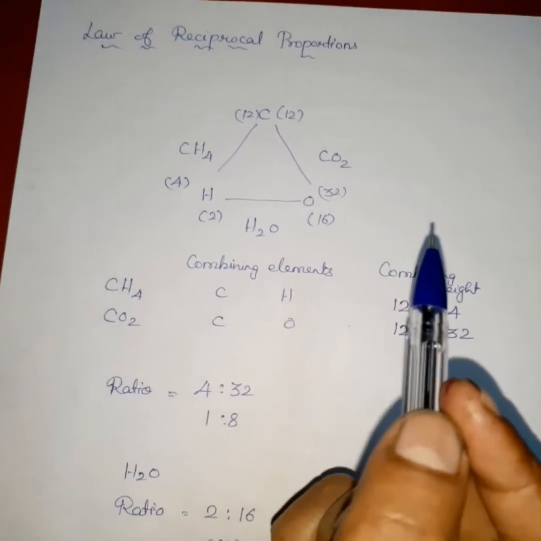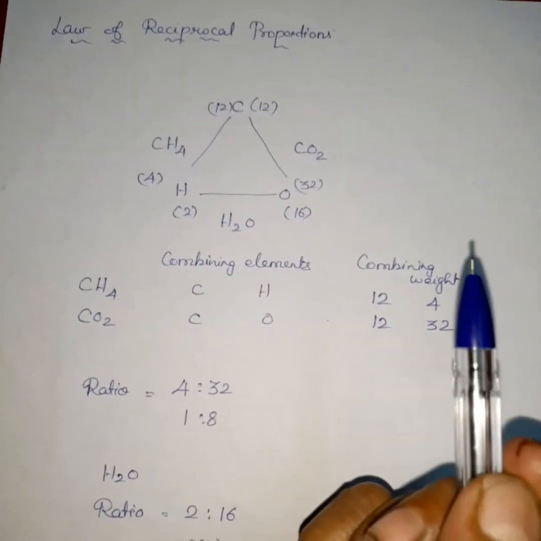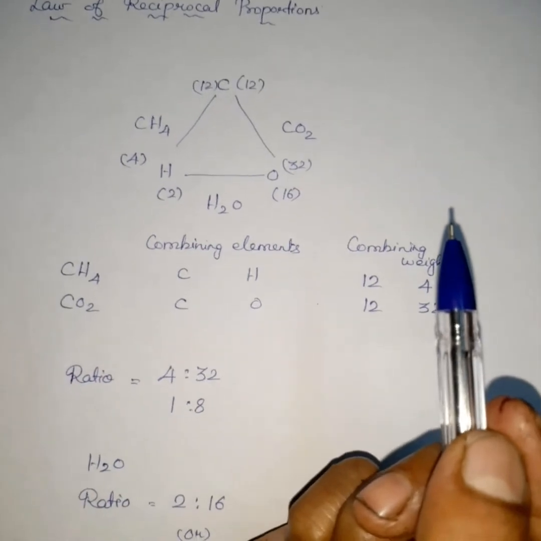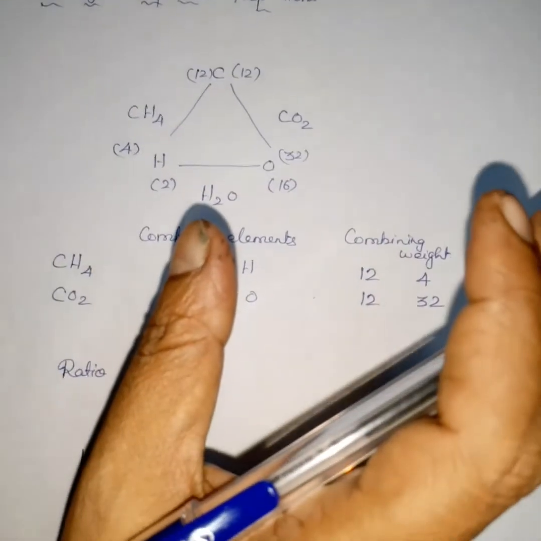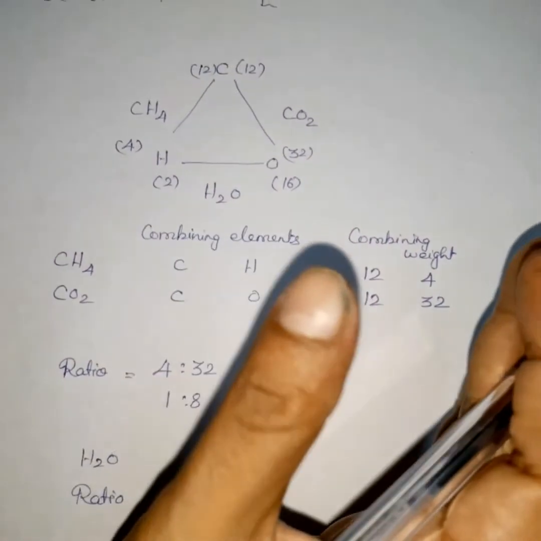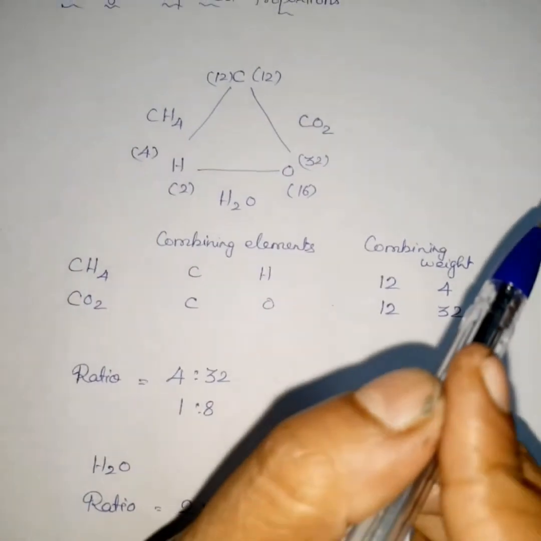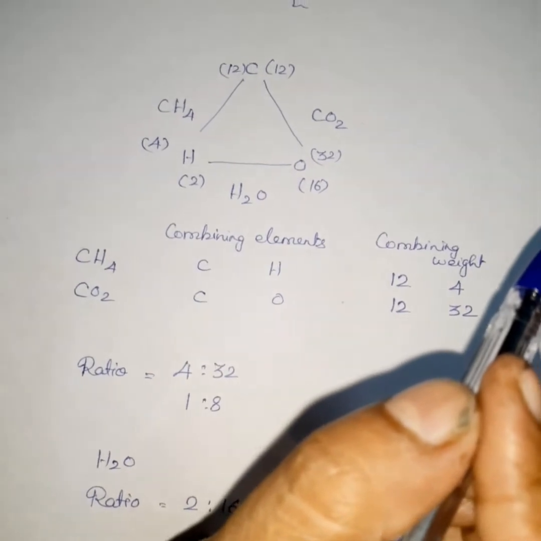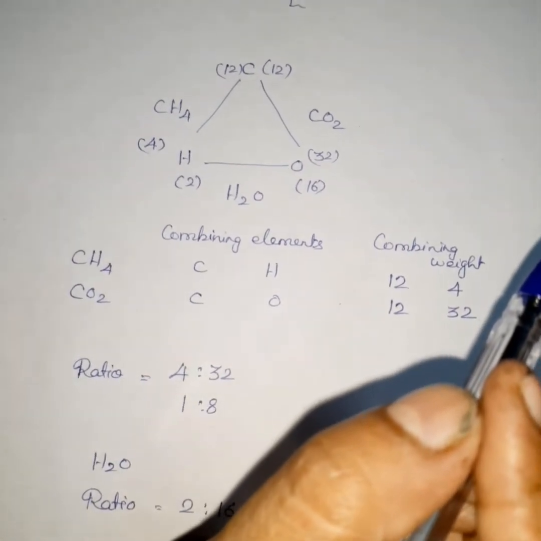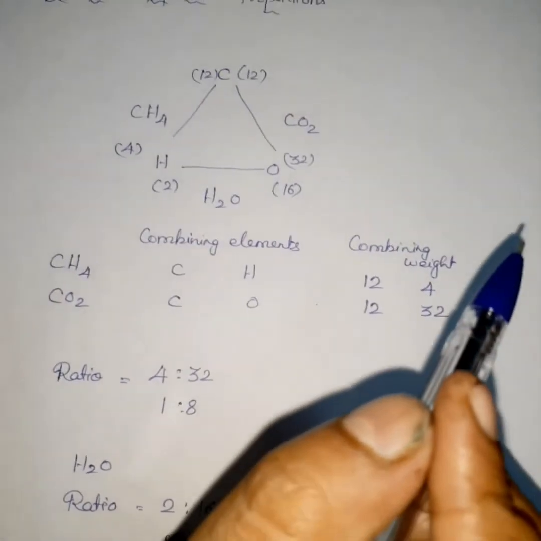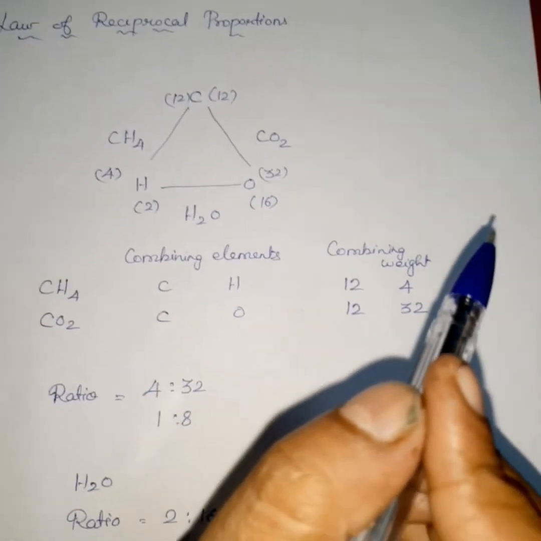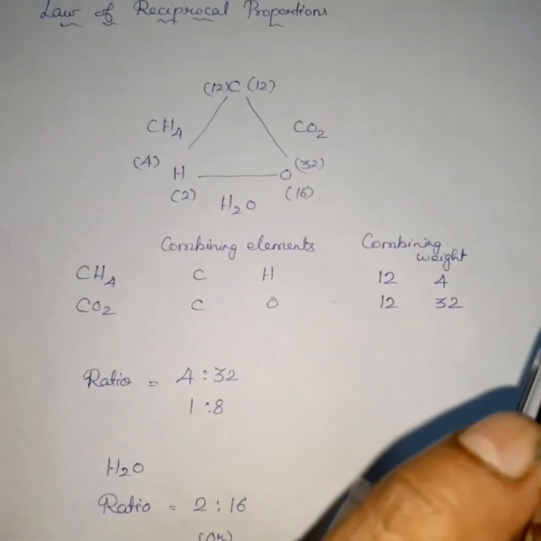So this law states: if two elements combine separately with the same weight of a third element, the ratio of the masses in which they do so are either the same or a simple multiple of the mass ratio in which they combine.